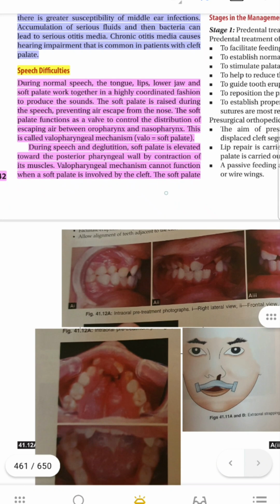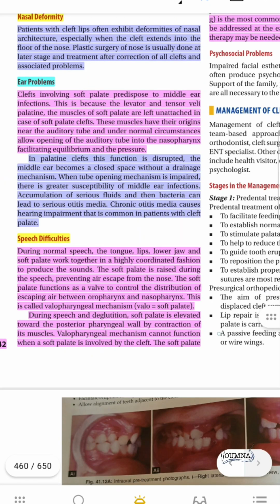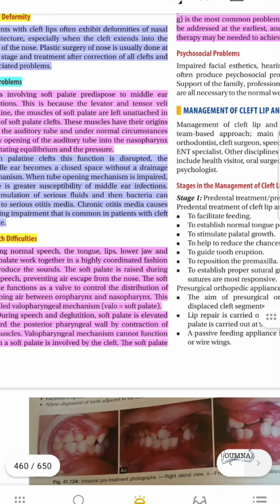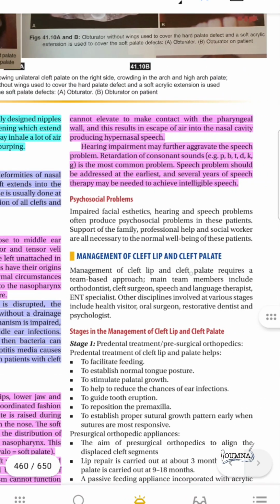And when there is a cleft, the soft palate cannot function, gets disturbed. So there will be no contact with the pharyngeal wall, and this will result in escape of the air into the nasal cavity, producing a hypernasal speech. Its function is to prevent the air from escaping through the nasal cavity.